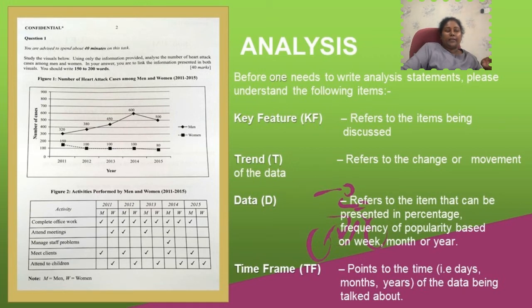And D, data, refers to the item that can be presented in percentage, frequency of popularity based on week, month or year. And finally, we need to understand time frame. Time frame points to the time, for example days, months, years of the data being talked about.